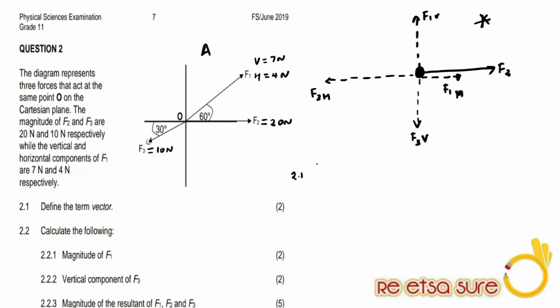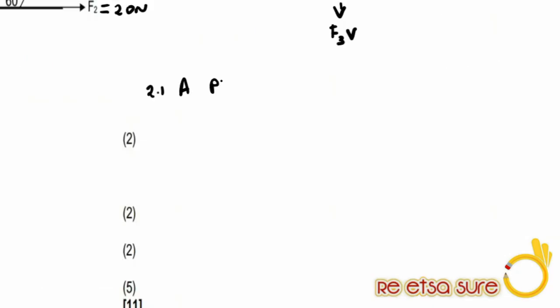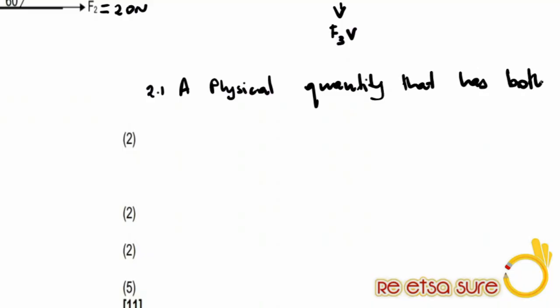A vector is defined as a physical quantity that has both magnitude and direction.